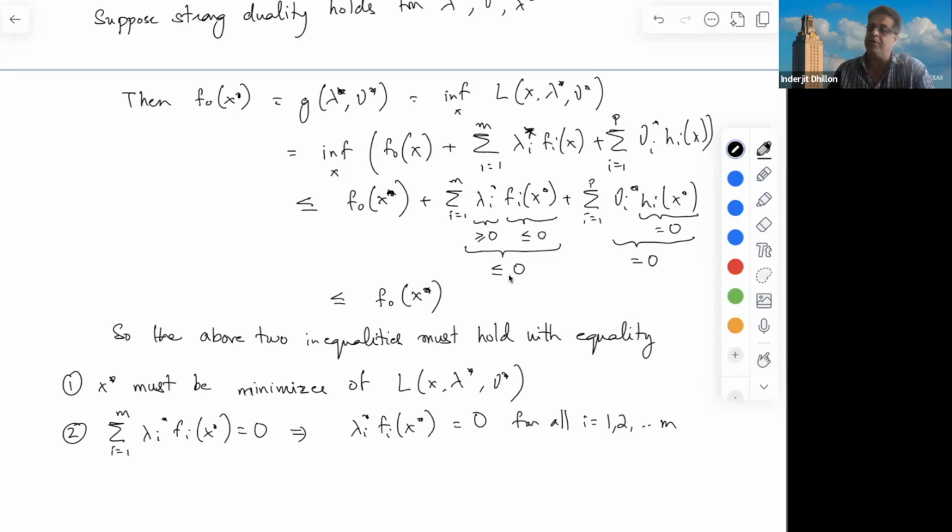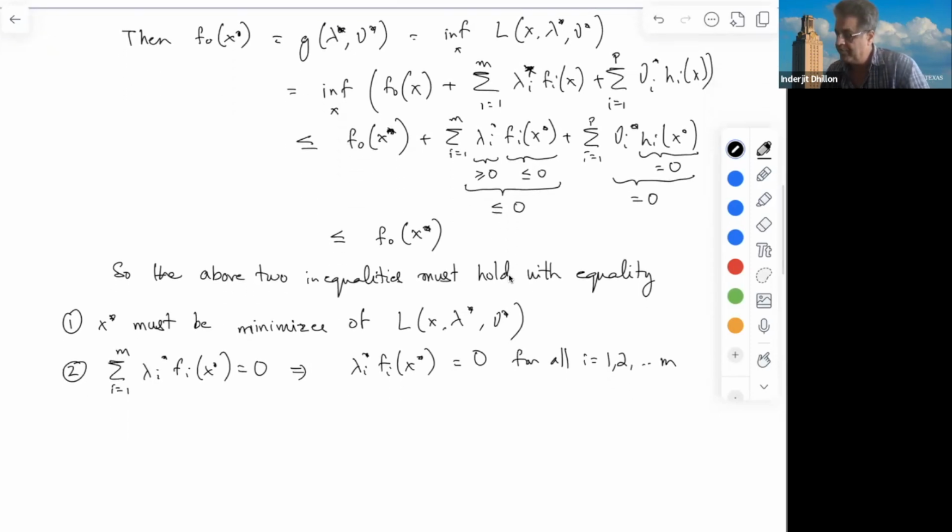So for each of the inequalities, this must be true. Remember that f_i(x star) must be less than or equal to 0, and that lambda_i star is greater than or equal to 0. What if it is strictly greater than 0? If lambda_i star is strictly greater than 0, then what happens?